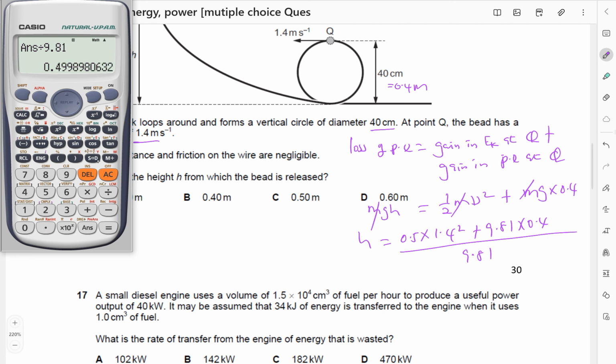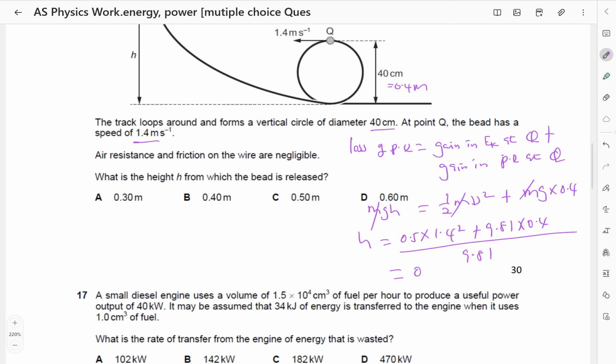This gives 0.4999, approximately, to two significant figures, 0.50 meters, which makes our answer C.